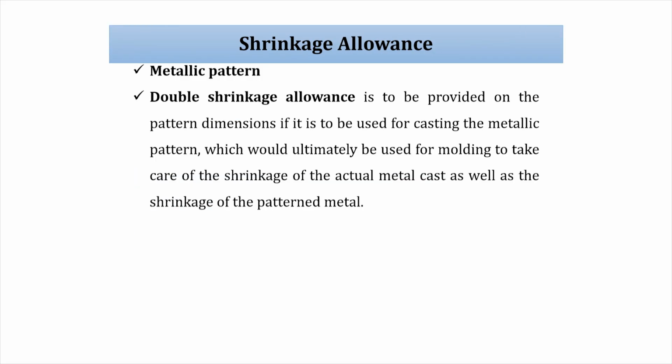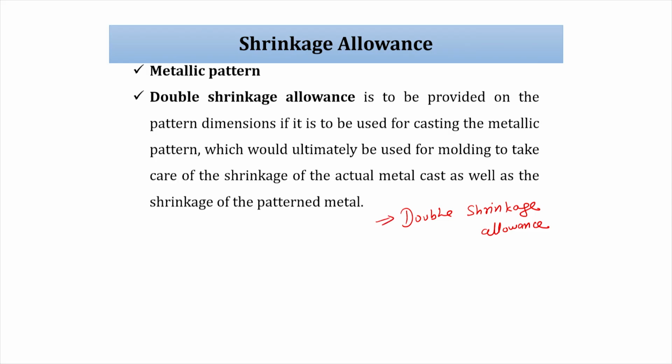Now, if you are going to make a metallic pattern, double shrinkage comes, that is, double shrinkage allowances. What does that mean?